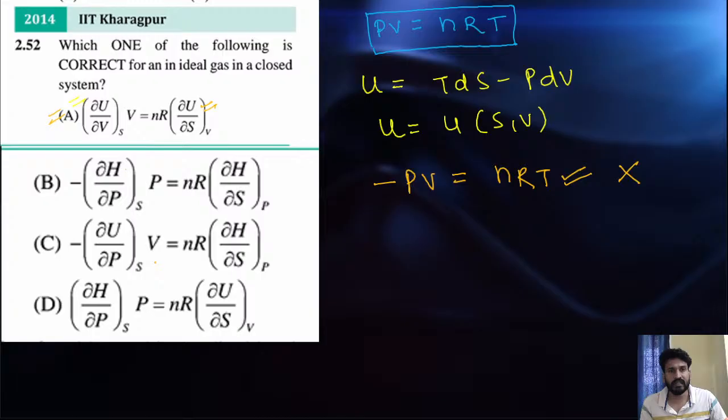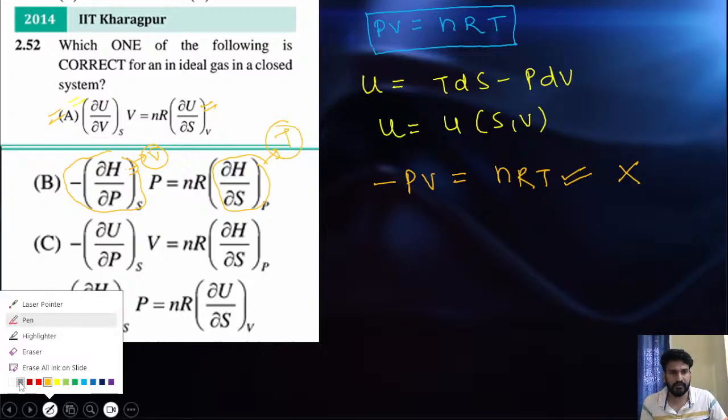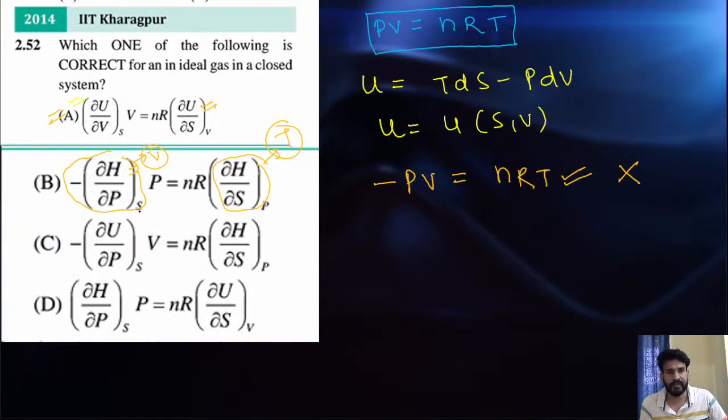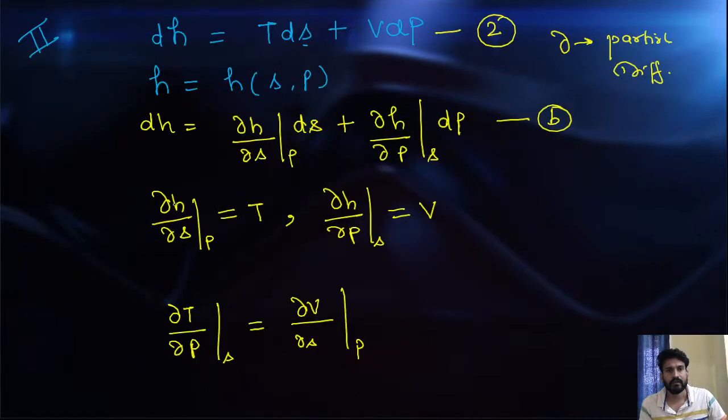Again, we have to check the H function. So this part should be V and this part should be T. Yes or no? Just check from the previous slide, because we have already calculated ∂H/∂P keeping entropy constant. ∂H/∂P keeping entropy constant is my V, right?